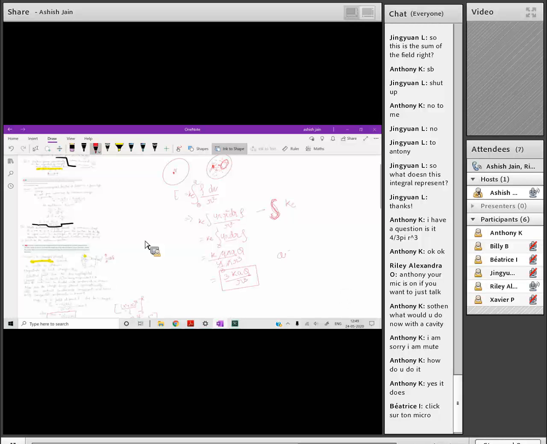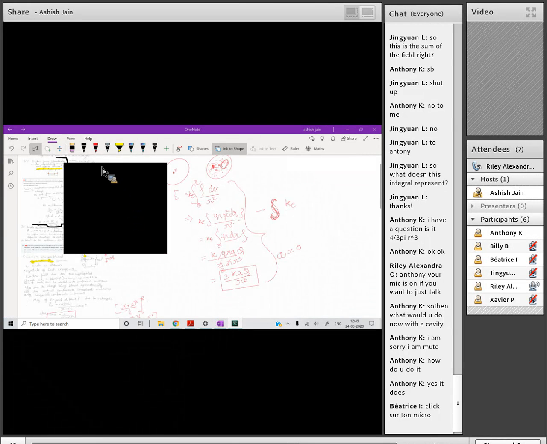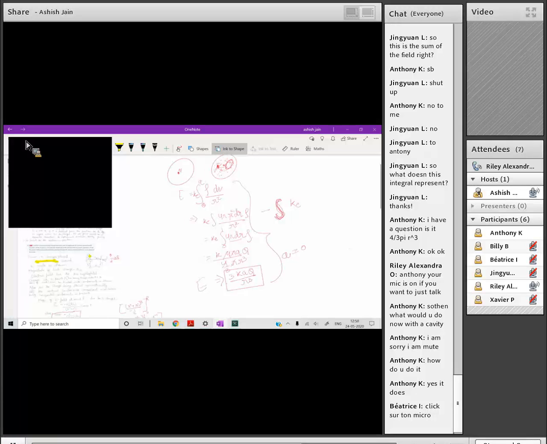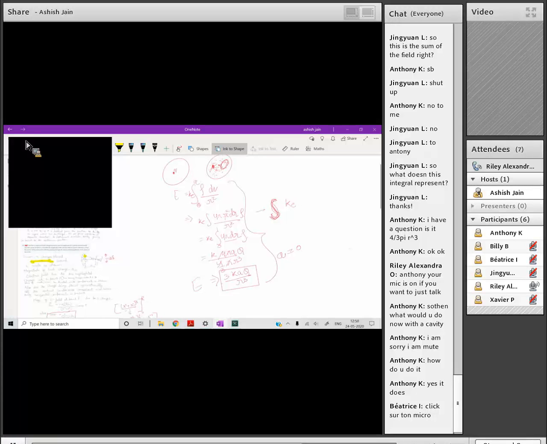That means a equals 0 in this question, what I solved here. Yeah, that means a equals 0 at that point. That means it's not valid. Electric field is 0 at the center according to this equation, right? That's called a singularity at the center. You cannot solve it. Coulomb's law is not applicable there.